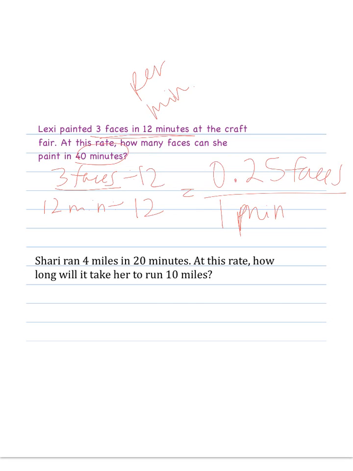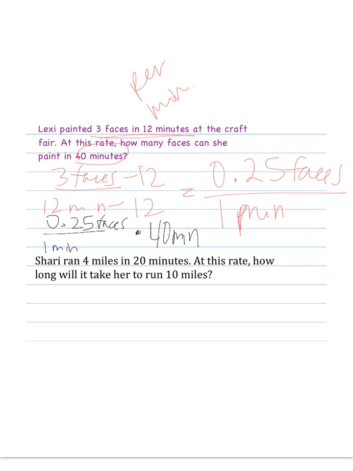So we take our rate there, 0.25 faces per 1 minute. Again, I'm going to put my labels on there, and we are going to multiply it by the 40 minutes.